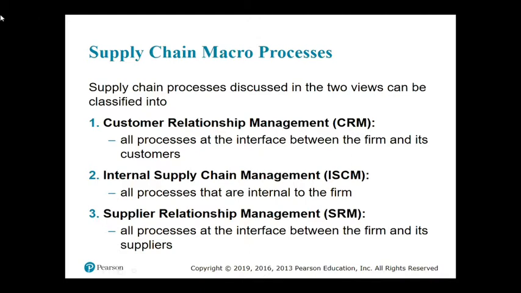The part that's facing the customer is categorized into the customer relationship management module. Now, the part that's within your company is internal supply chain management, and the part that's facing upstream of the supply chain with your suppliers is supplier relationship management.